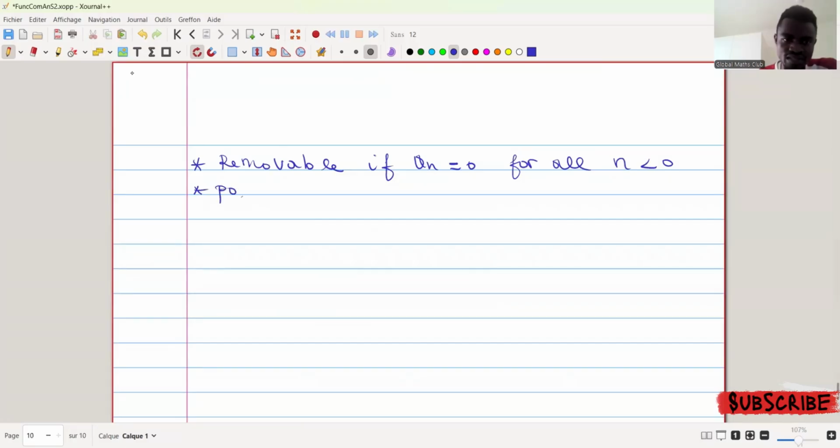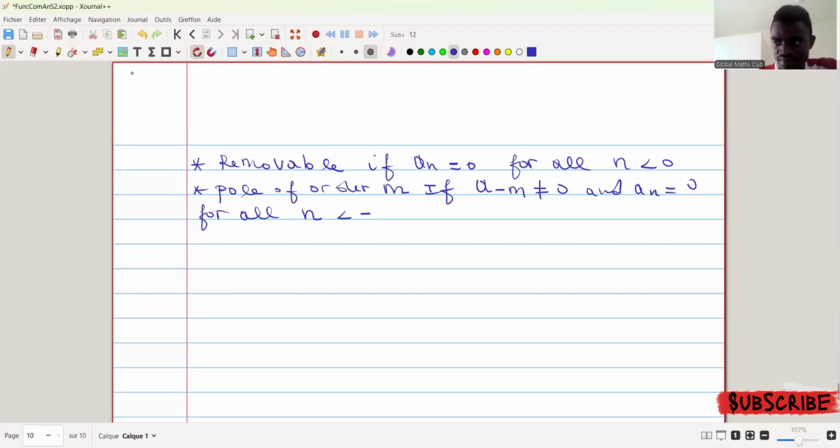The singularity is a pole of order m if a_{-m} is different from 0 and a_n is equal to 0 for all n less than -m.